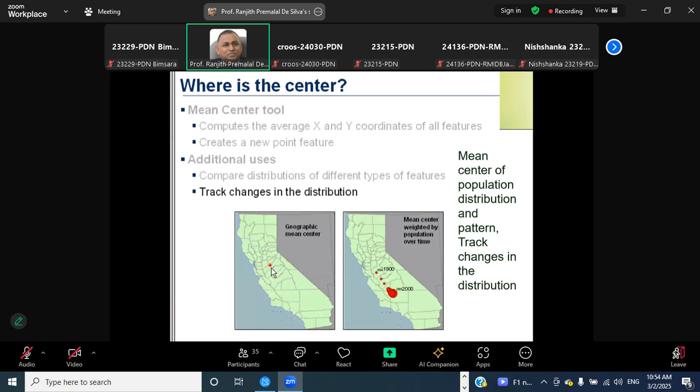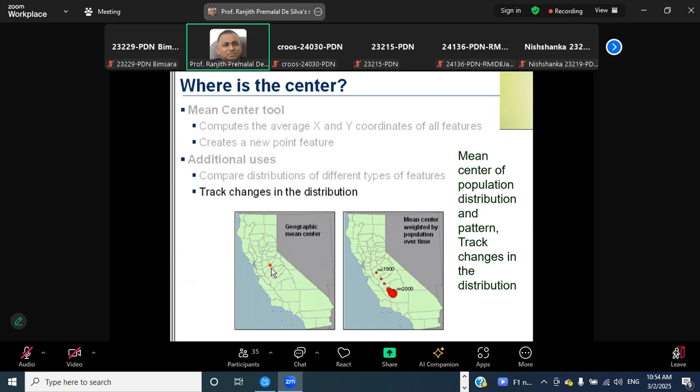So this shows a mean center of population distribution pattern. You can see it's moving. In 1900, it was somewhere there. And with time, by the year 2000, it has moved to a different place. So now the movement can be very fast.